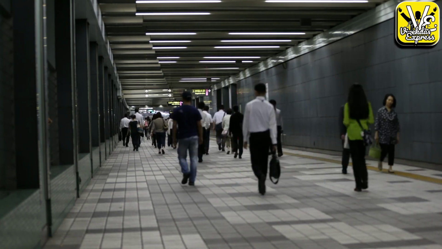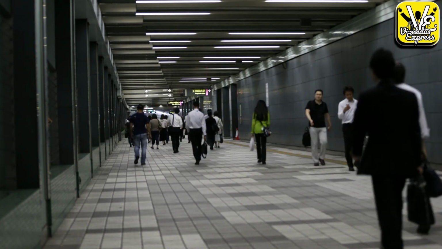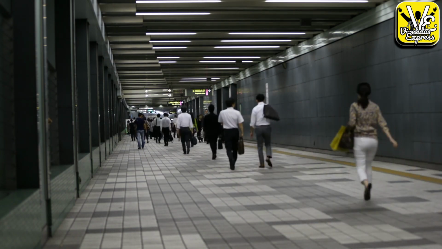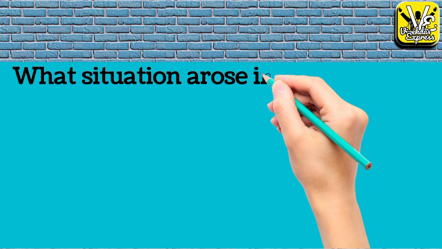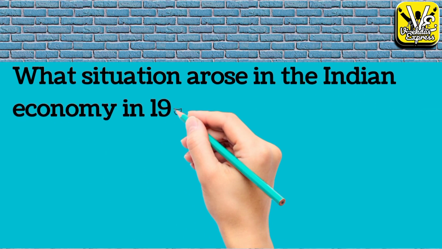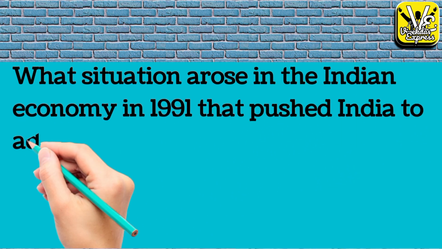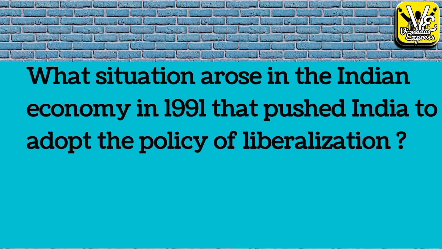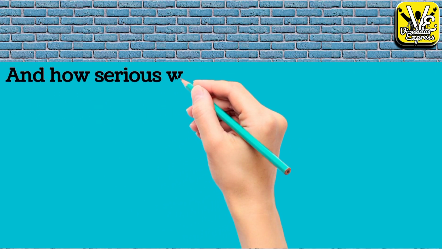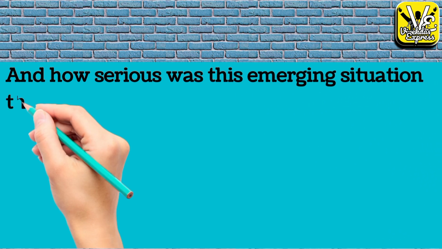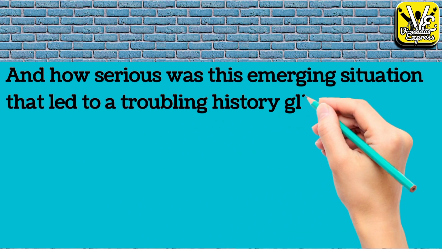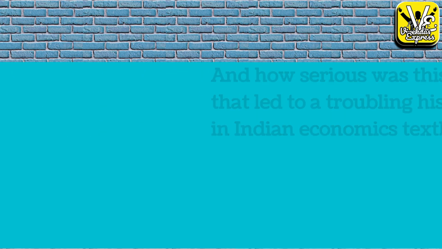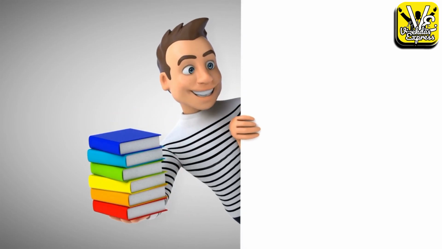control over vital industries. Dear friends, today we will try to understand what situation arose in the Indian economy in 1991 that pushed India to adopt the policy of liberalization, and how serious was this emerging situation that led to a troubling history in Indian economics textbooks.